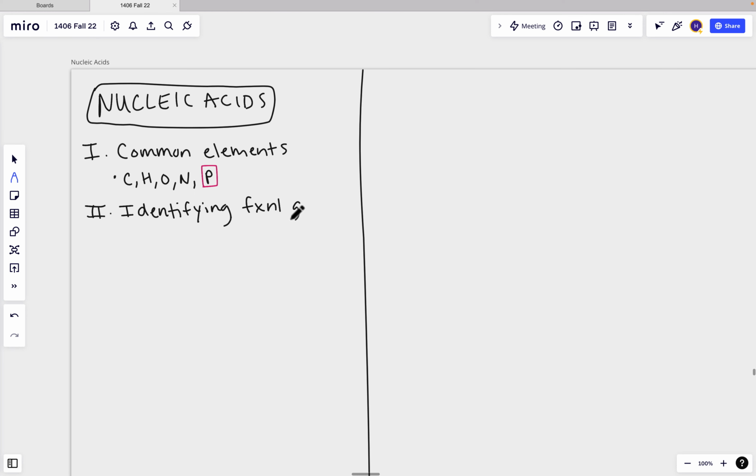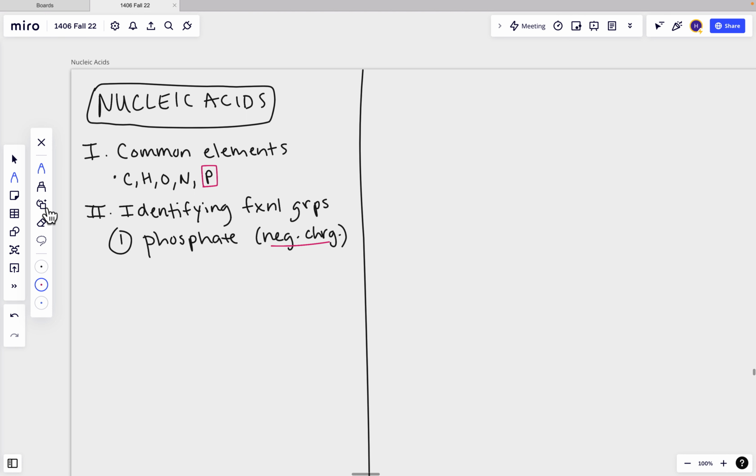FXNL is functional groups. The phosphate group. And remember that has a negative charge, which makes both DNA and RNA, which are the nucleic acids, negatively charged. You can do this phosphate group.